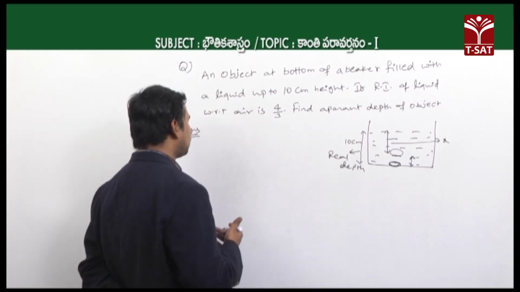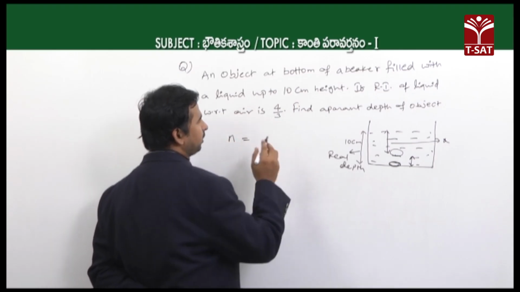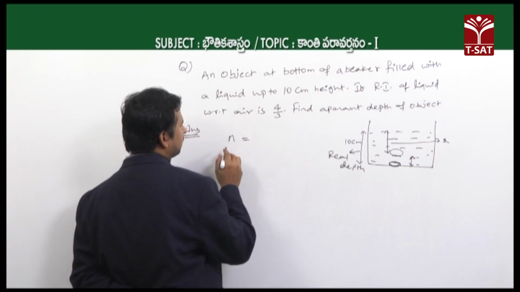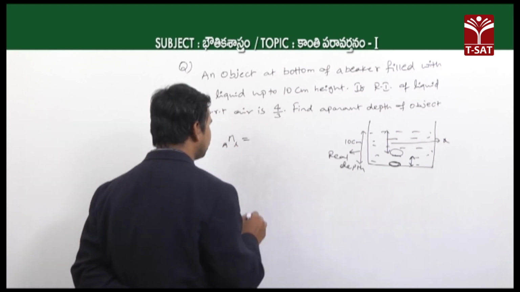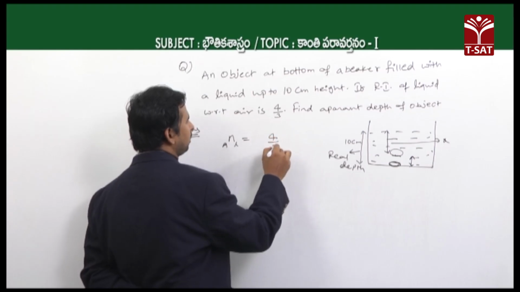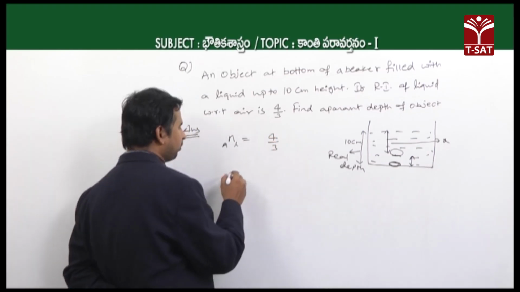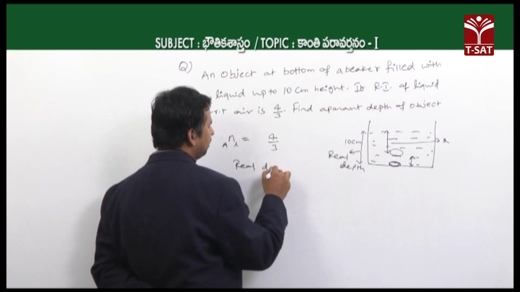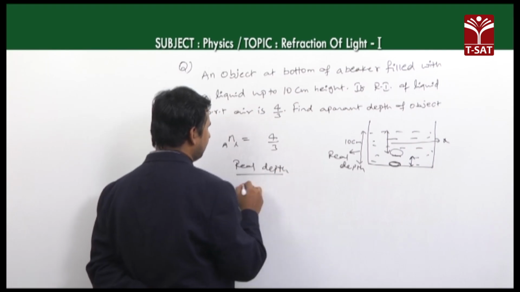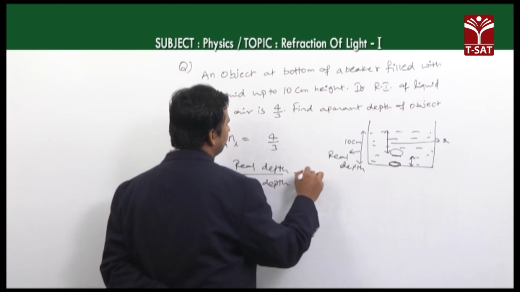We know that the refractive index n, which is given for the liquid with respect to the air, is 4/3. According to the formula, the refractive index is real depth by apparent depth, which is equal to 4/3.